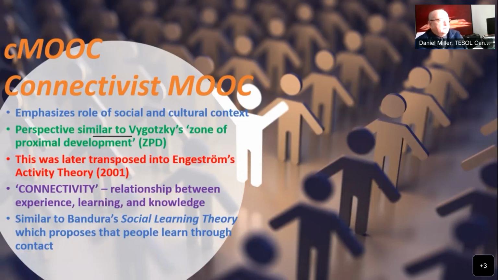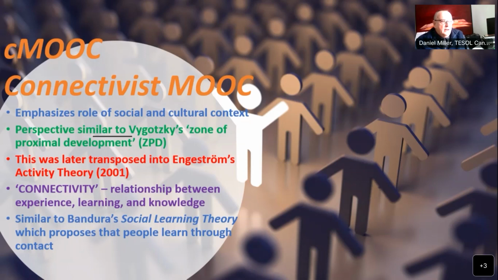The perspective is similar to Vygotsky's zone of proximal development. This was later transposed into Engstrom's activity theory.